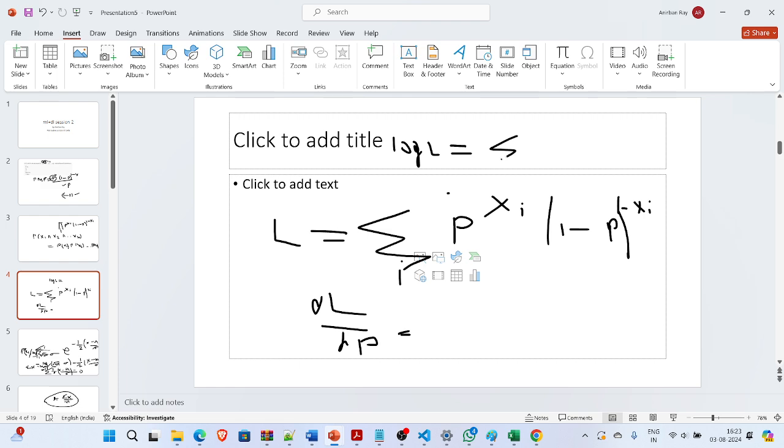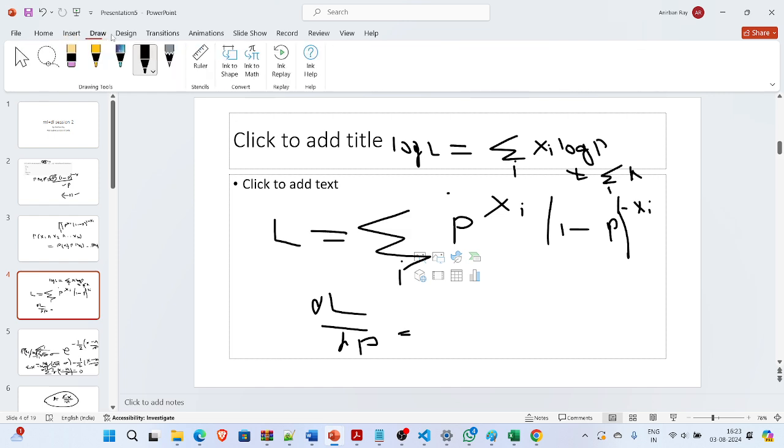So what we're going to do is summation over i of xi log p plus summation over i of 1 minus xi times log of 1 minus p.